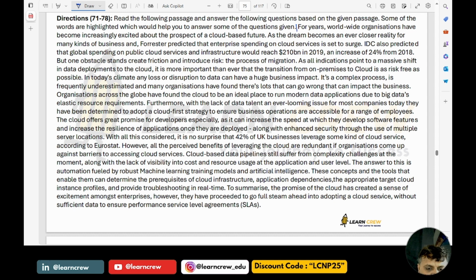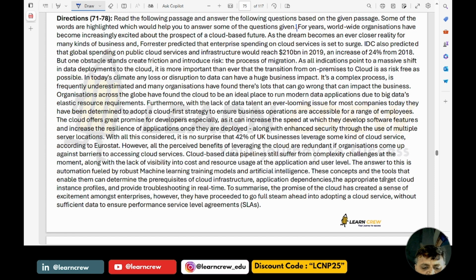The cloud offers great promise for developers, especially as it can increase the speed at which they develop software features and increase the resilience of applications once they deploy, along with enhanced security through the use of multiple server locations.